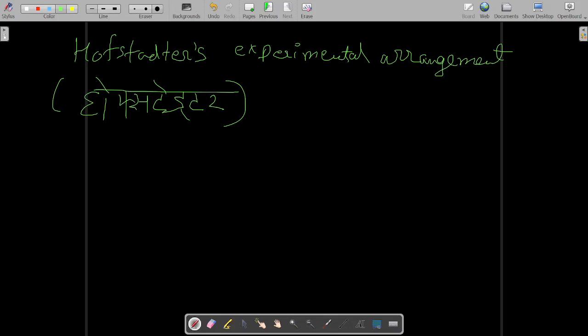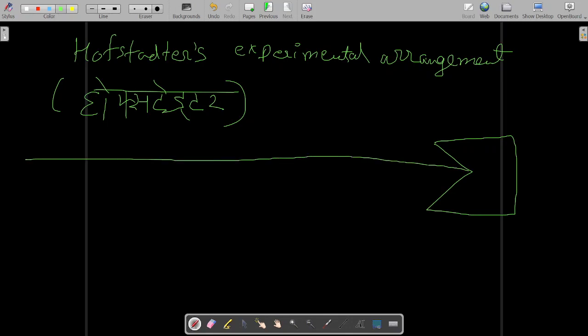The experimental arrangement, you just have to mug it up. It looks something like this. This is the incident beam of high energy electrons.